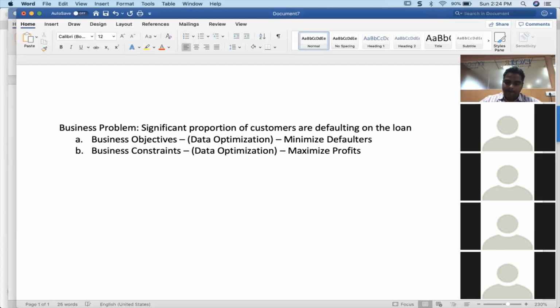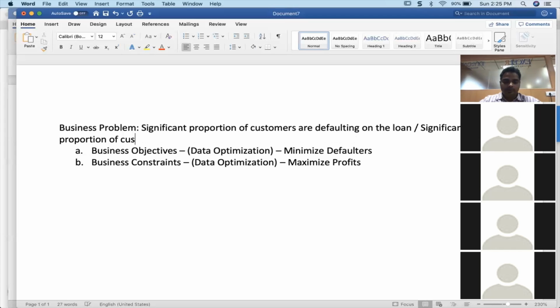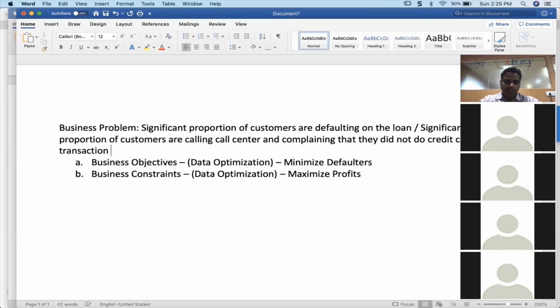Say a significant proportion of customers are calling the call center and complaining that they did not do a credit card transaction, yet they received an SMS that a certain amount got deducted.